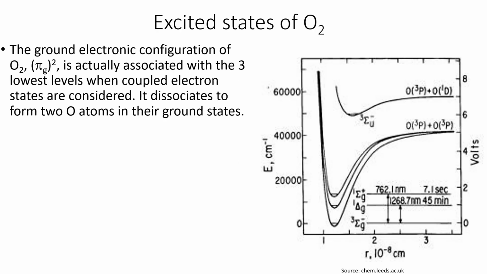Right, now this is getting slightly more involved, and we've got this lovely picture on the right showing these different oxygen states. At the bottom, we've got the labels for our 3 energy levels: triplet sigma g minus, singlet delta g, and singlet sigma g plus. But rather than just a level, we've got the whole potential energy curve.